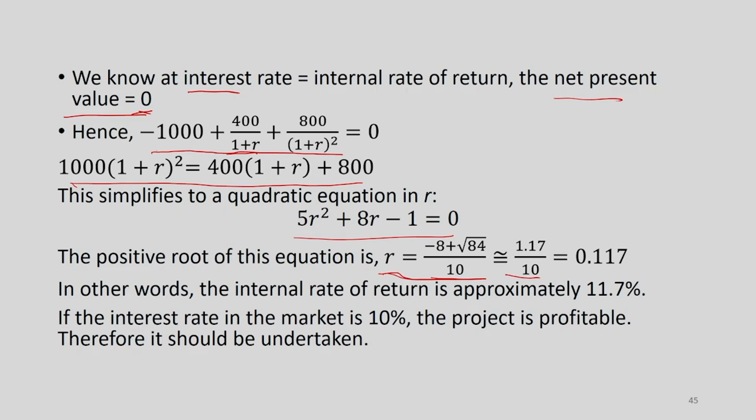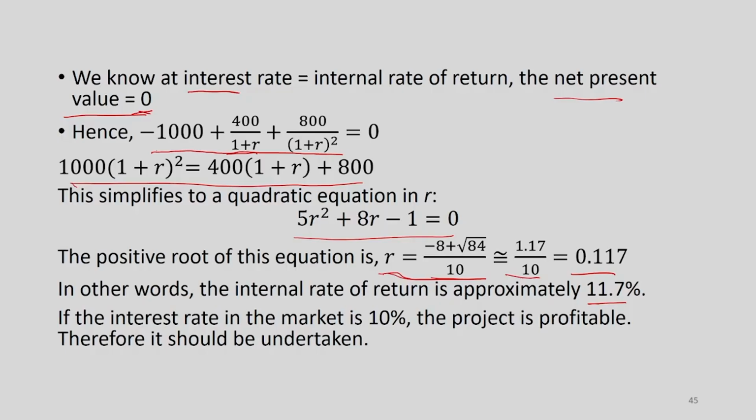So, the numerator is coming out to be 1.17, the denominator is 10, and it is turning out to be 0.117. This is R. In other words, the internal rate of return is approximately equal to 11.7%.